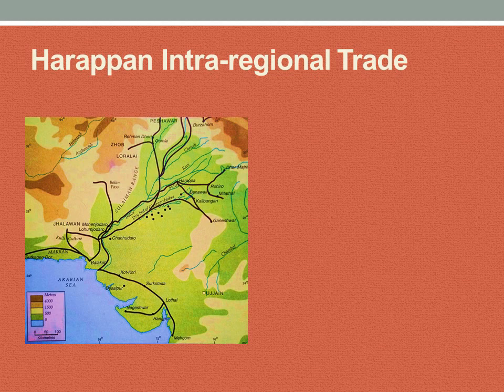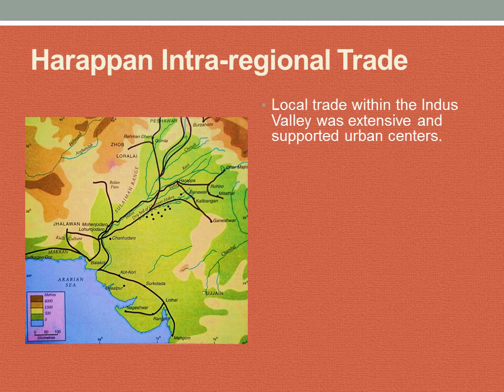It covered a large area in which there were numerous types of sites with numerous geological features and diversities in the mode of subsistence. Hence, what was the intra-regional trade? Local trade within Indus Valley was extensive and supported by urban centers. This in total led to the growth of urbanization in the Indus Valley Civilization.